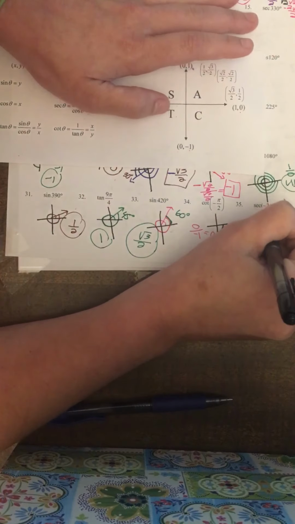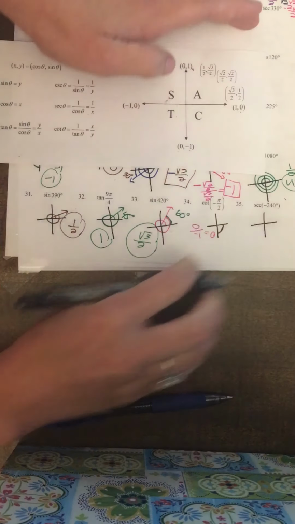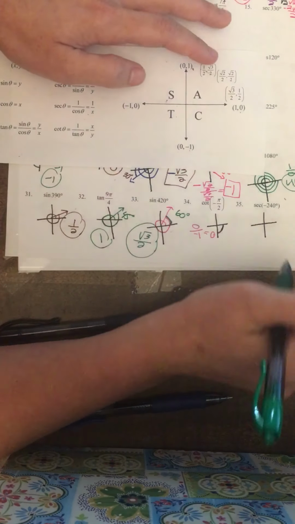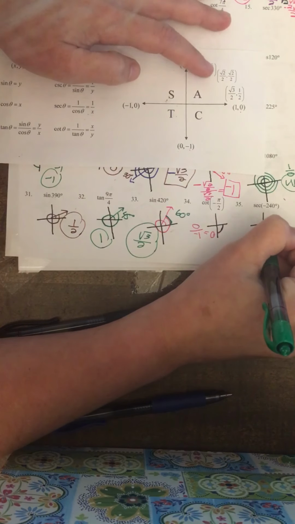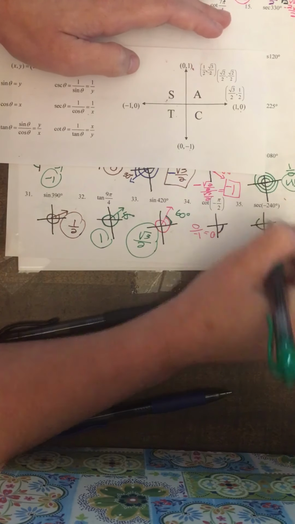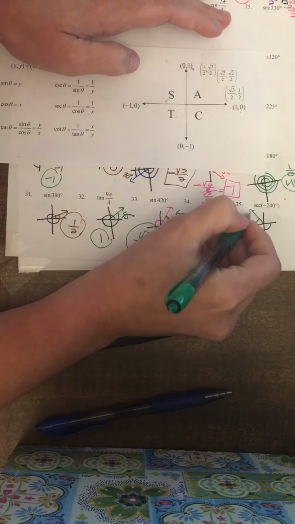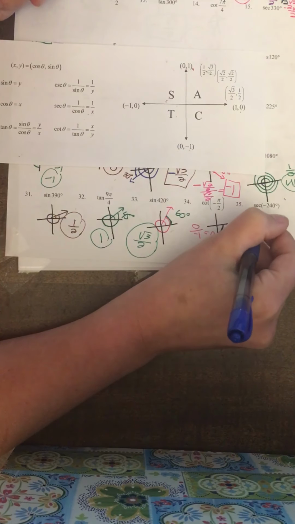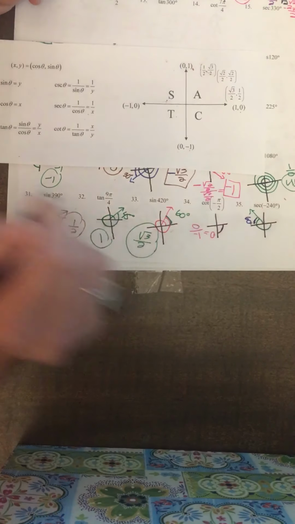Secant of negative 240. All right, so remember, if we have a negative angle or negative radians, we are rotating clockwise. So that's -90, -180, and then we'd have to rotate another 60 degrees, which means we are 60 degrees away from our x-axis, so our reference angle is 60 degrees.